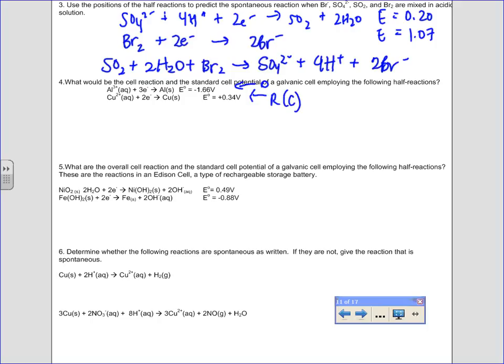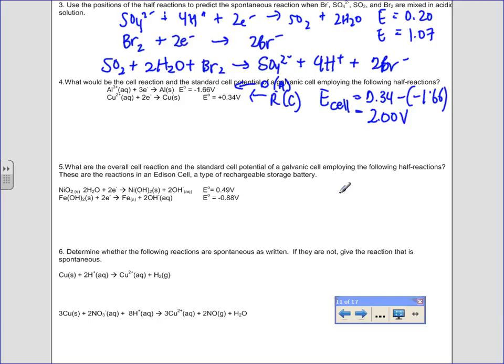So this one is the cathode, okay, and this one is the anode. Okay, so if we want to find the cell potential, I'm going to take the cathode of 0.34 and I'm going to subtract the anode reduction potential of negative 1.66, and I have a cell potential of 2 volts.